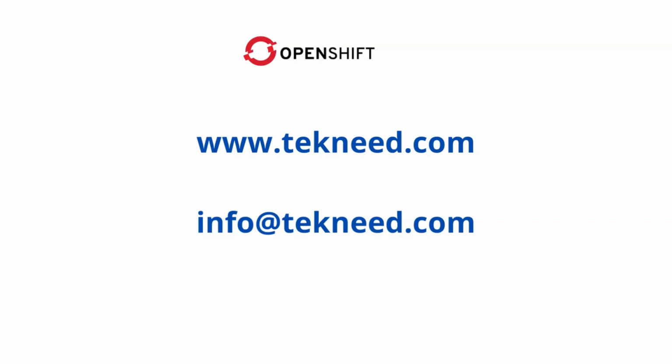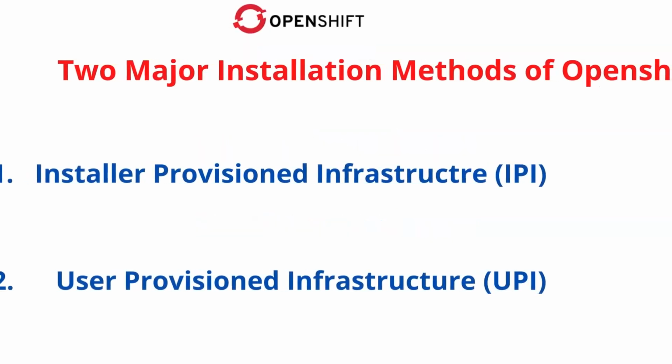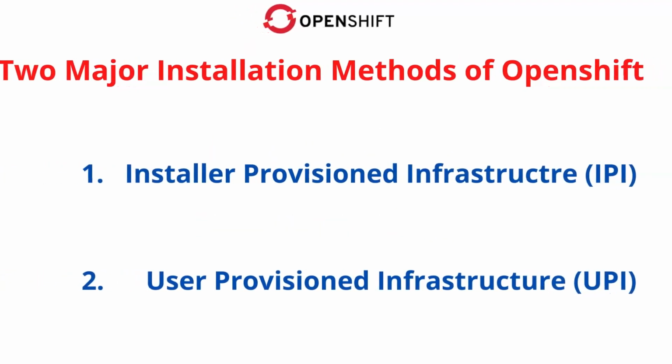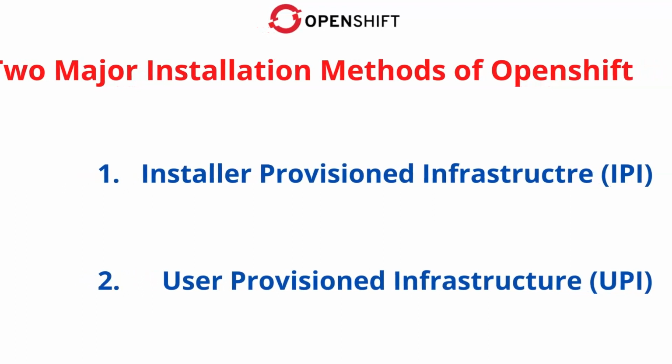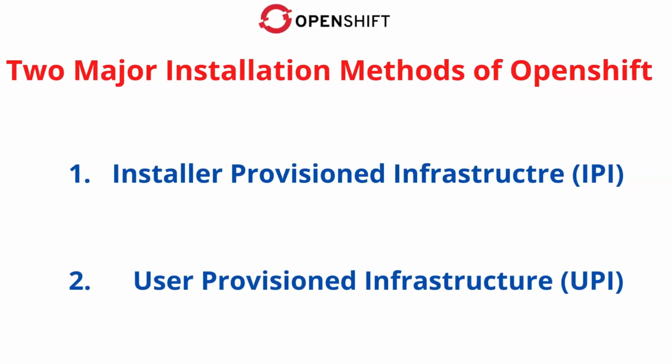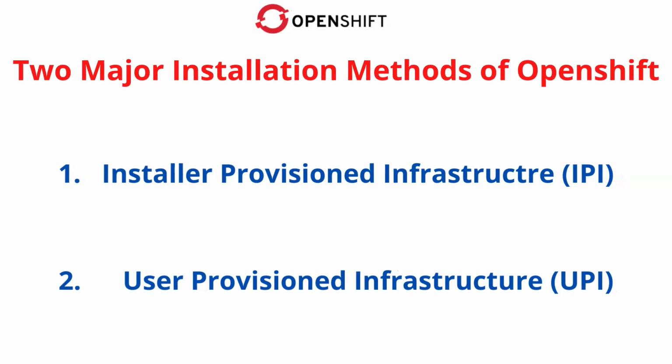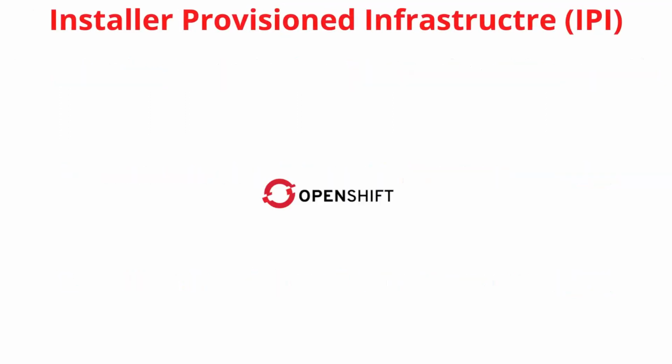So OpenShift has two major installation methods. The first one is called the installer provisioned infrastructure, also known as IPI, and the second method of the OpenShift installation is called the user provisioned infrastructure, also known as UPI. So let's talk about the first one, which is the IPI.